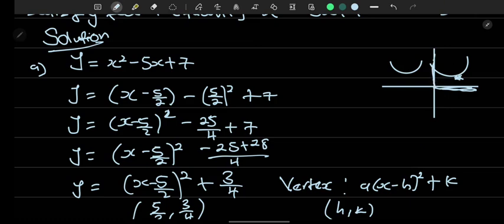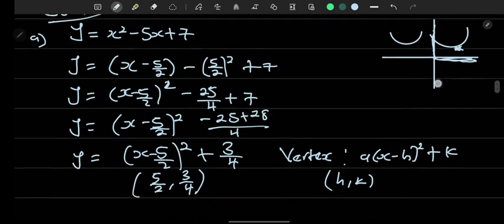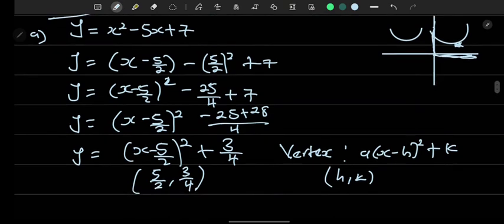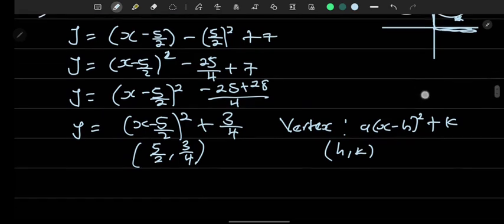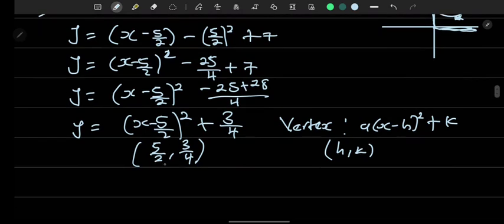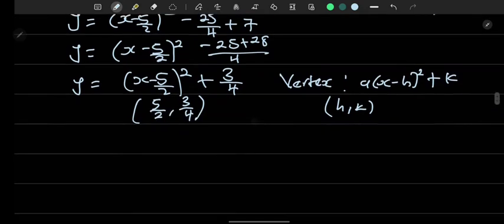So whenever you get a point in this region, you must have a positive value for x and a positive value of y. So this shows that the curve lies above the x-axis, because the turning point or the vertex here is above the x-axis, which we obtained to be 5 over 2 comma 3 over 4. Okay, that's the solution to the first part.